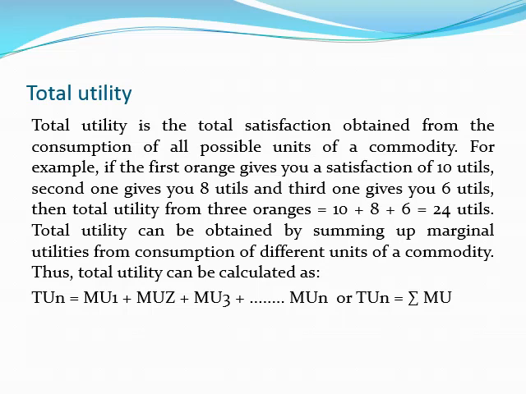As you see, the total utility from consuming 3 oranges equals 24, that is 10 plus 8 plus 6. 10 is the marginal utility of the first good, 8 is the marginal utility of the second good, and 6 is the marginal utility of the third good.